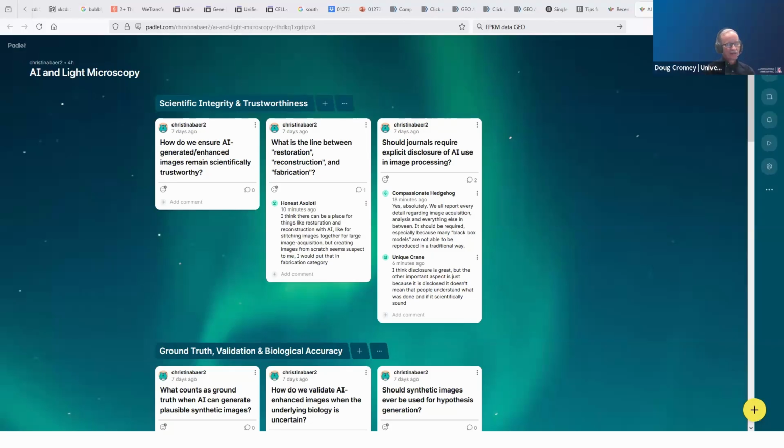I don't know if I really answered the question, but yeah, I'm a little concerned about altering the pixels. We do that with other software, but at least it's got a known mathematical algorithm, at least most of them do.